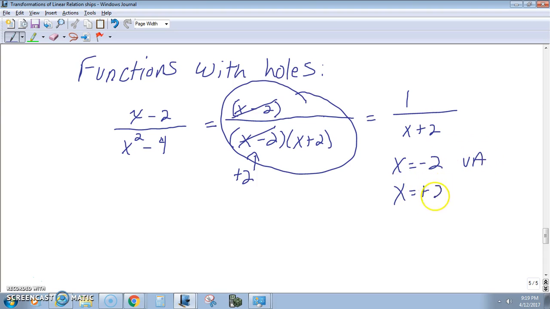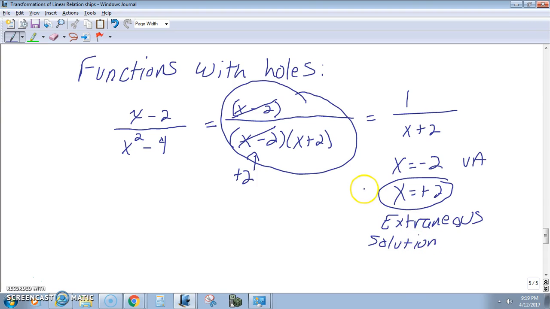X equals positive 2 is what we call a hole or an extraneous solution, okay? I hope I spelled that right, extraneous solution. Because it's a solution that can be there when we look at it here where I've circled, but it goes away when I look at it over here after I've canceled something out.